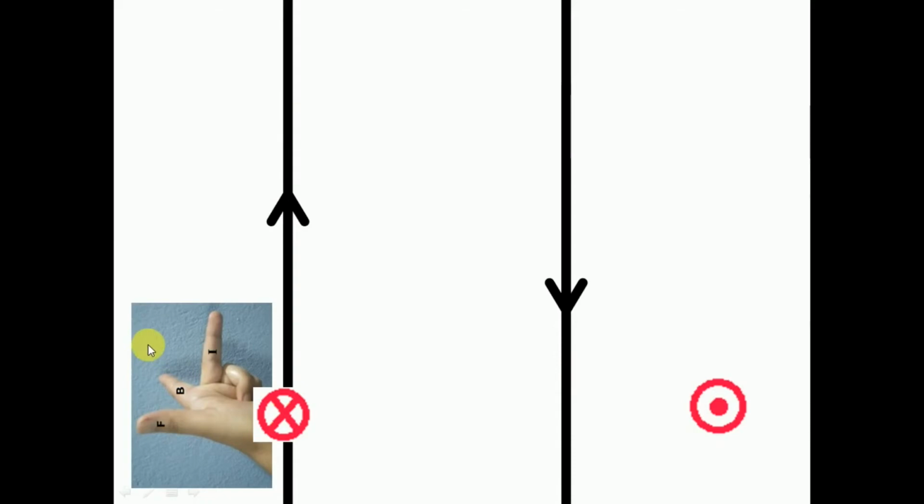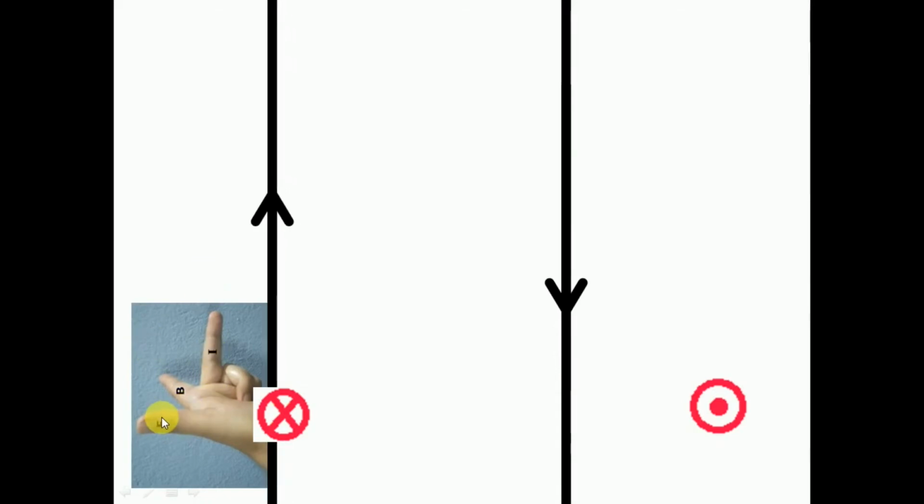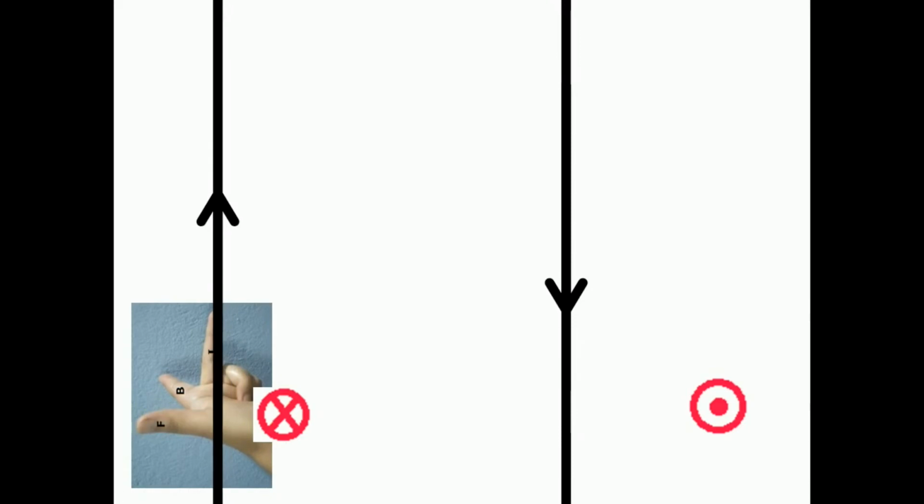Now if you consider the magnetic field of this conductor using the right hand thumb rule, on this side the magnetic field will go into the screen, and on this side it will come out of the screen. So for this conductor the magnetic field is going into the screen, current is going upward, so the force is towards the left, so it will go away from this conductor. So two conductors taking the current in opposite directions repel each other.